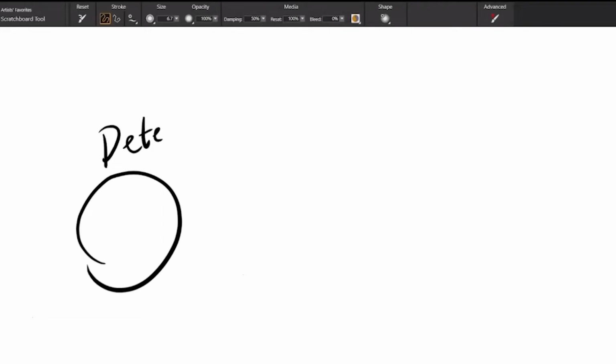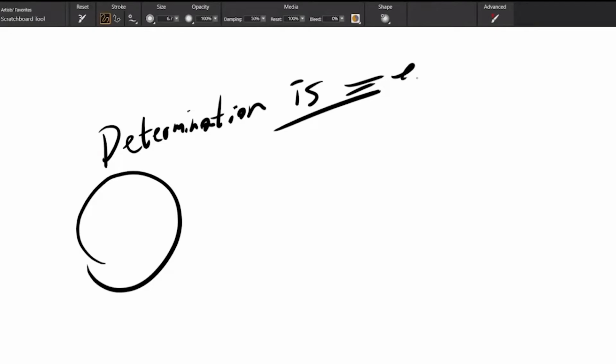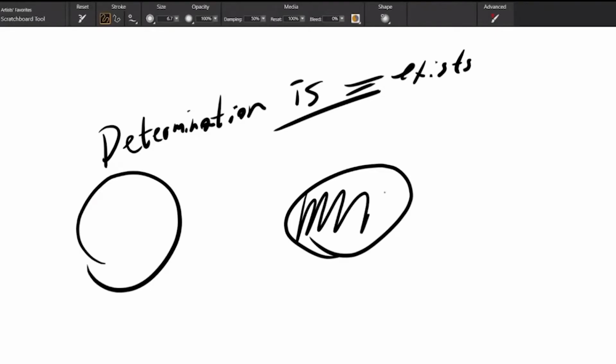Or you could also think about it this way, that you have determination, and just like everything else, if determination is, then it exists. And if it exists, then it has another beside it. And we already have the logic of the other, which is what? That the other is also a something. So determination is in relationship to a determination.